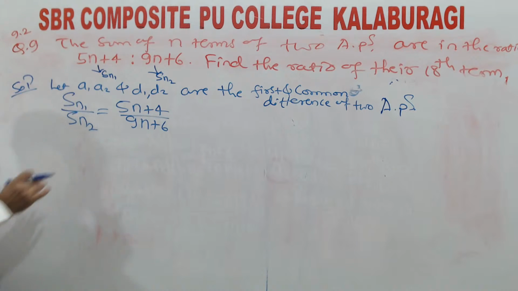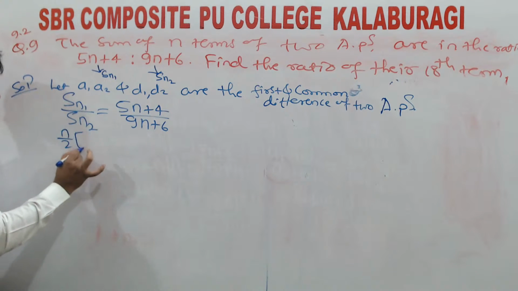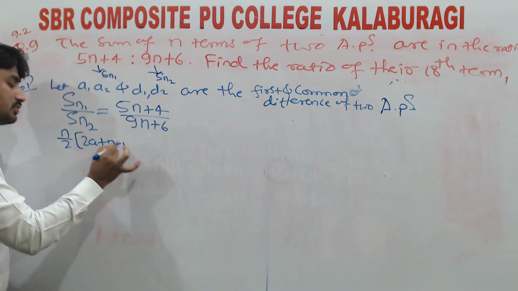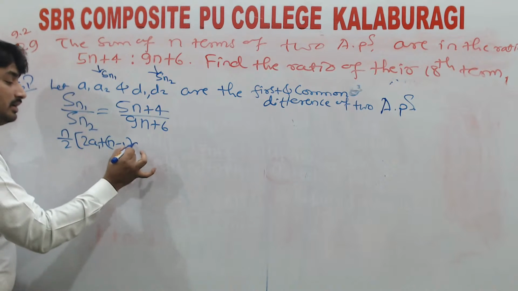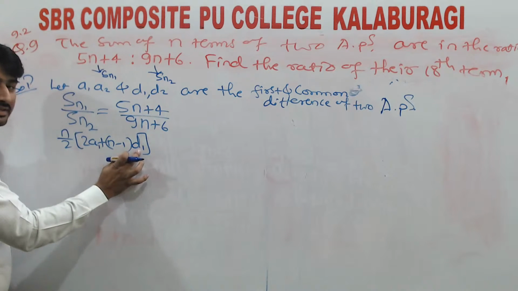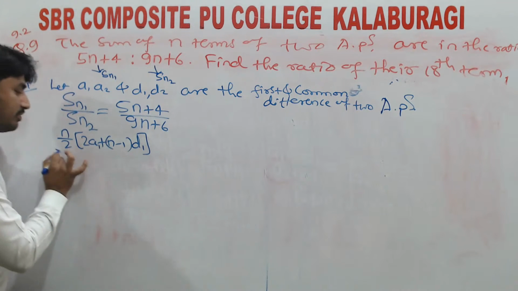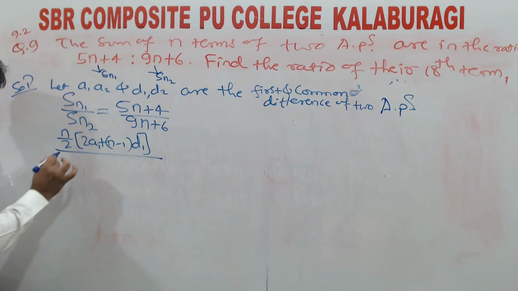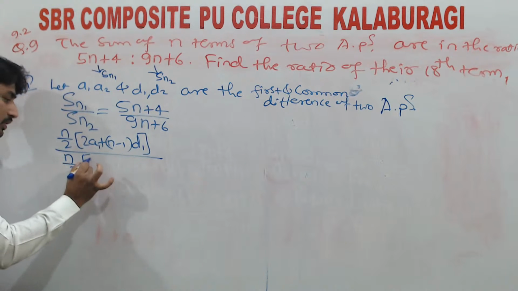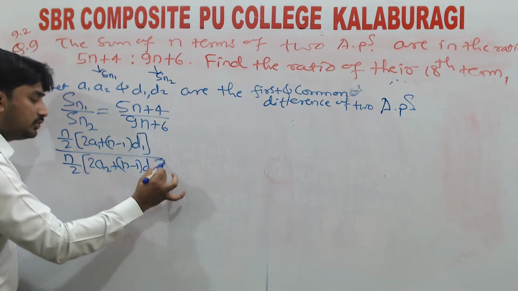Okay, so Sn1 means here I am taking n by 2, (2a1 plus (n minus 1) d1), with first term a1 and common difference d1 for the first arithmetic progression, divided by the second arithmetic progression, n by 2, (2a2 plus (n minus 1) into d2).